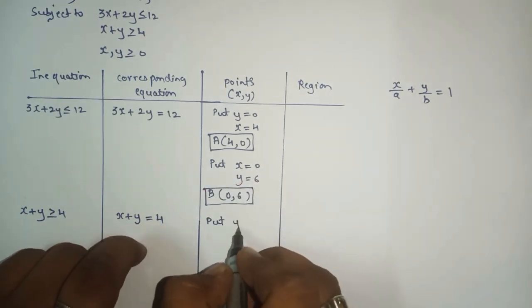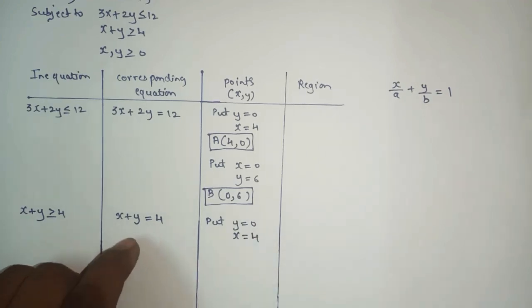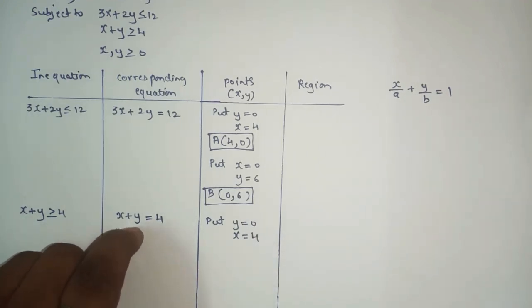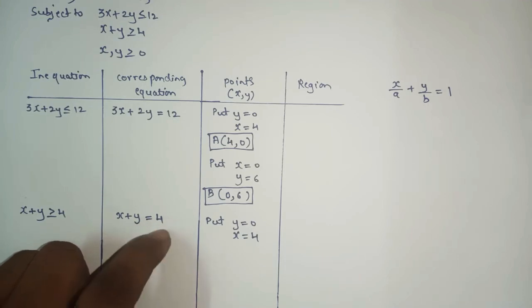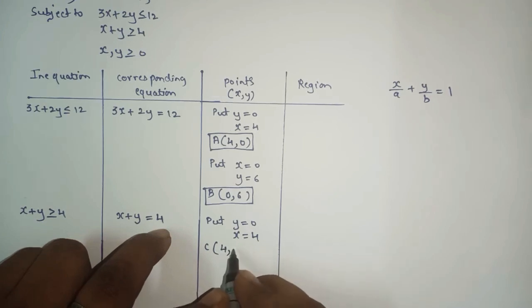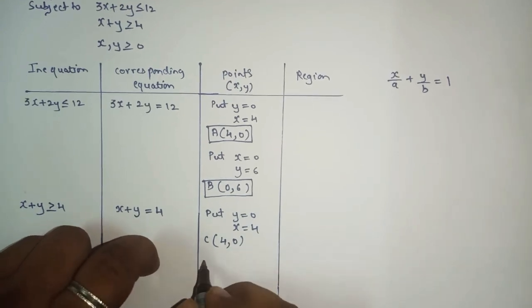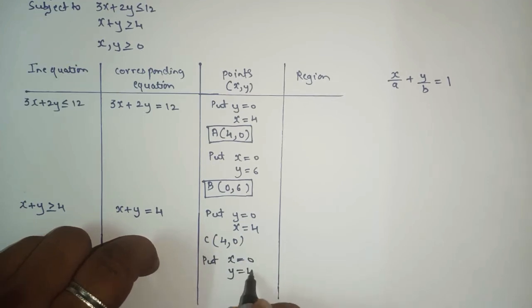In the first case you will put y equal to 0, so x will be equal to what? 4. Clearly when you replace y by 0, the value of x will be 4. So here we got the third point, that is 4 comma 0, because first x will come and then y. Then in the next case we'll put x as 0, so y will be 4.